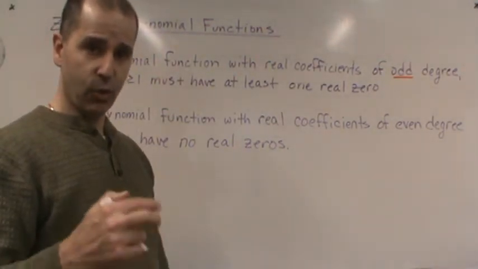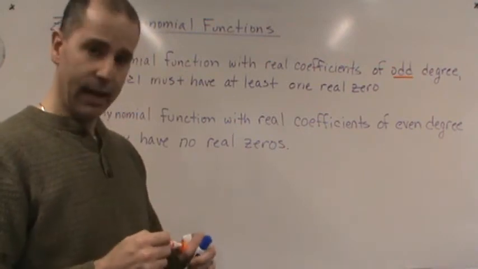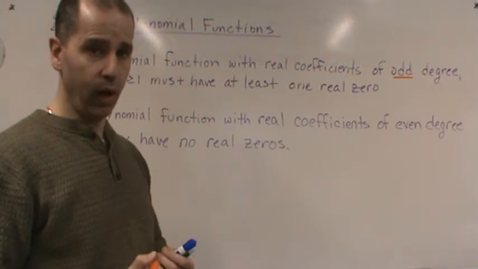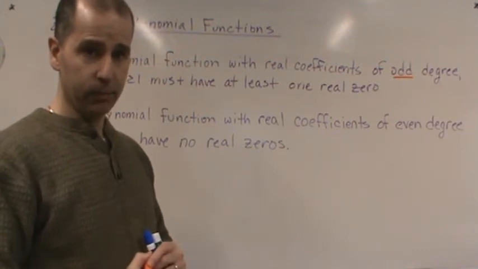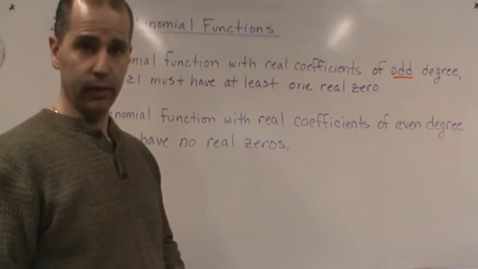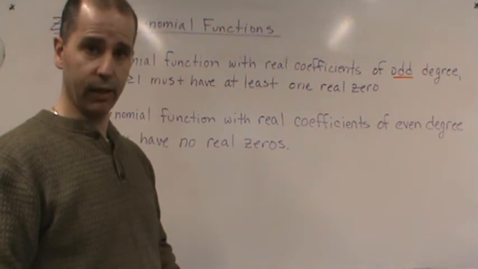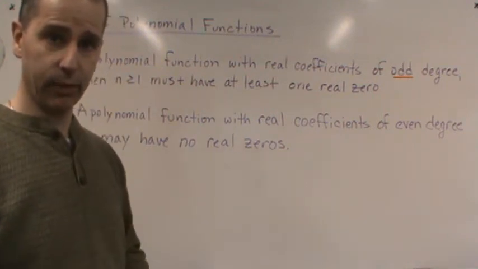That means there's always going to be an even number of those. So if the degree is odd, there has to be at least one real root, one real zero, because then everything else would match up, if everything else was complex.